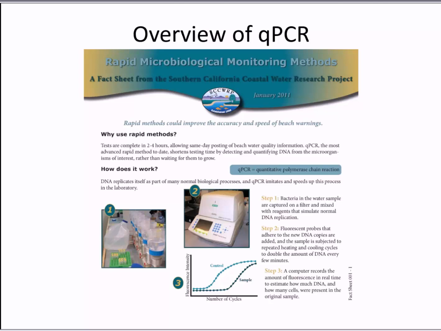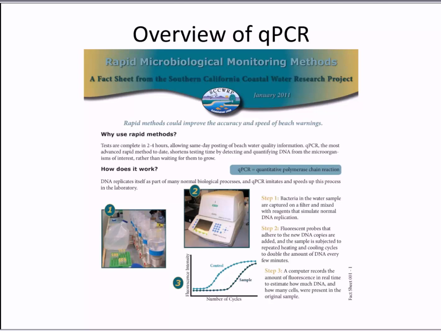Basically, DNA replicates itself as part of many normal biological processes, and the qPCR imitates this process but speeds it up in the lab environment. So step one, bacteria in the water sample are captured on a filter and mixed with reagents that simulate normal DNA replication.